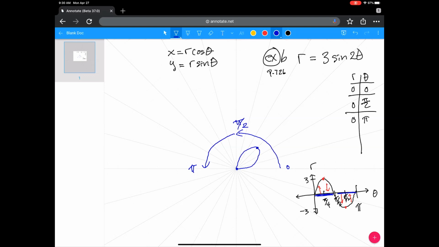Now remember, if r is negative, you don't go in the direction you're pointing, you back up in the opposite direction. So I'm starting at 0, and normally if I got up to 3 pi over 2, I would be somewhere around here for my angle. 1, 2, 3, yeah, that's 3. But because r is negative, I'm going to instead be backing up and be at this point down here in the fourth quadrant. Oops, that's too far, that's 4.